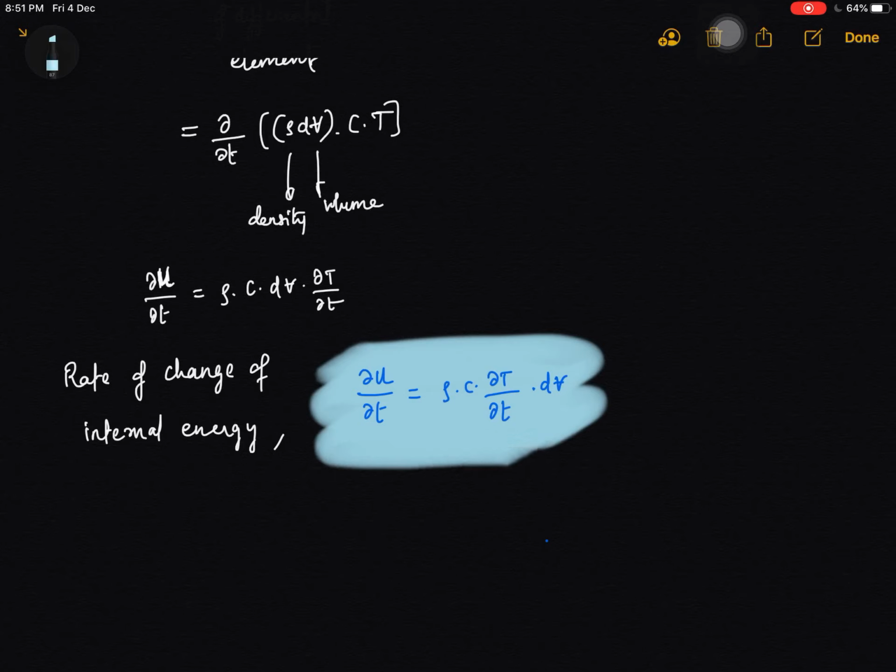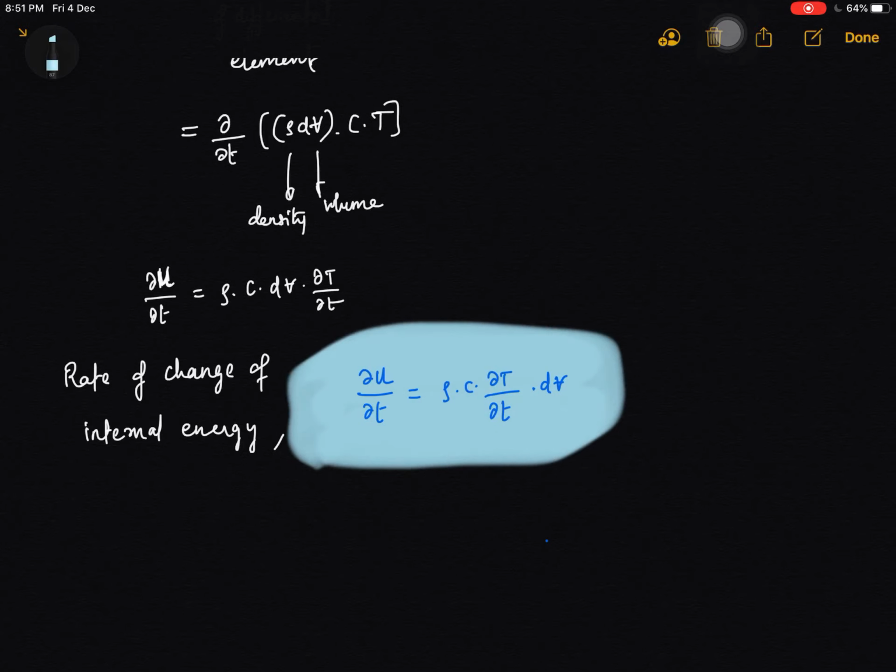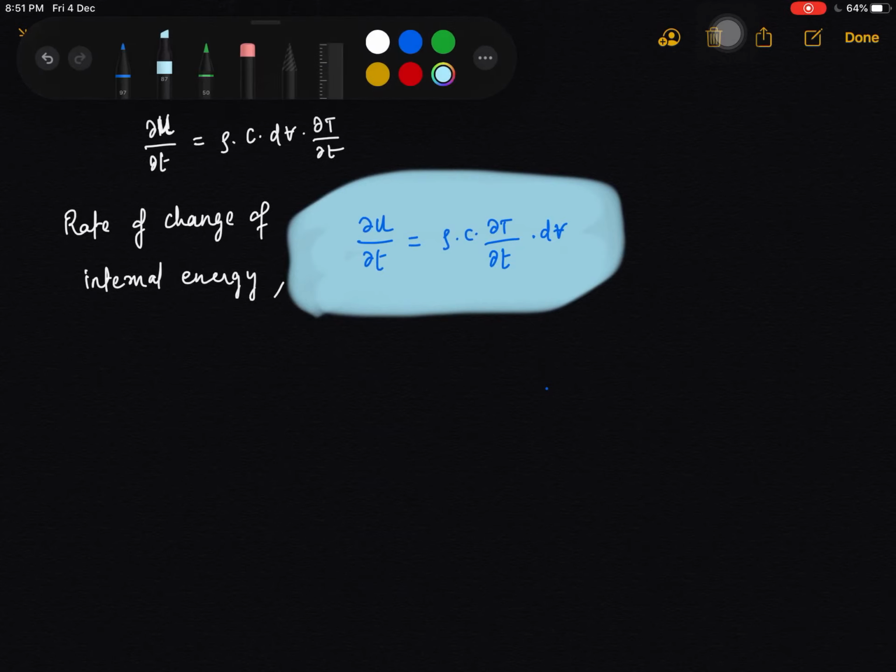So this is the rate of change of internal energy of the system.